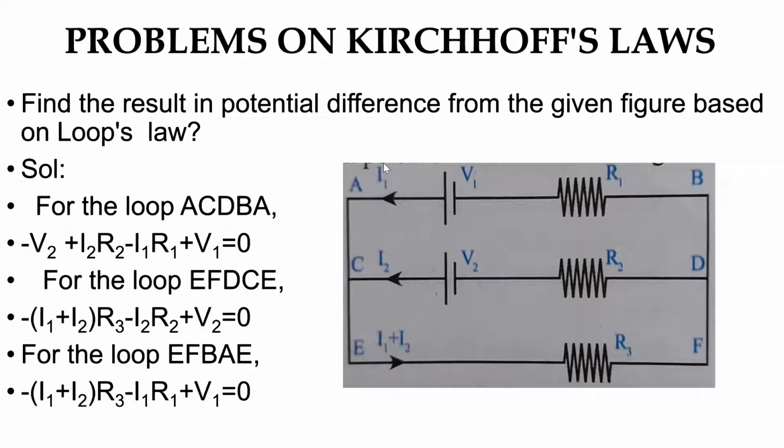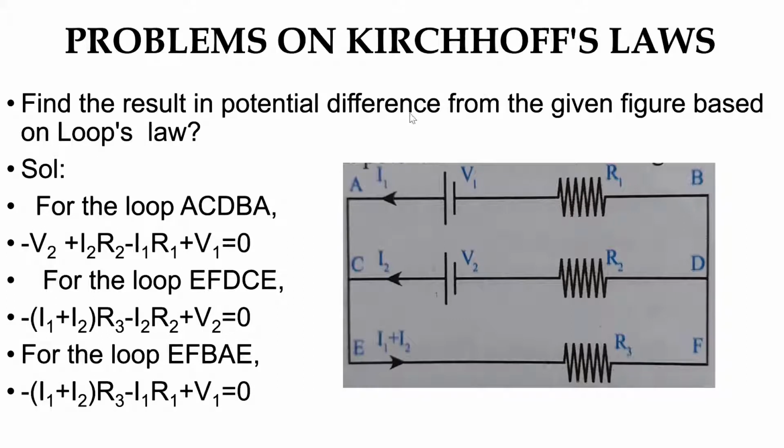And the other sign conventions which we follow in the loop law is that the potential difference across the resistor is taken as negative when we move along the direction of electric current through the resistor, and it is taken as positive when we move against the direction of electric current through the resistor.